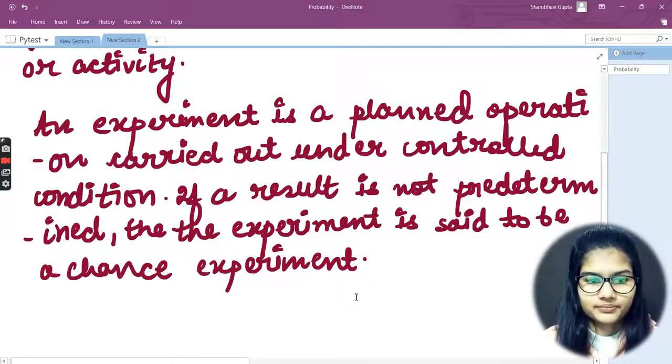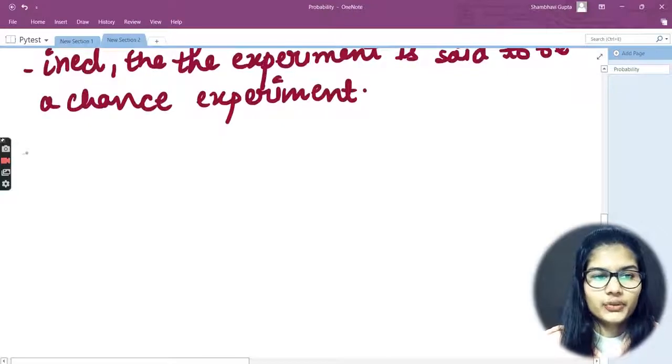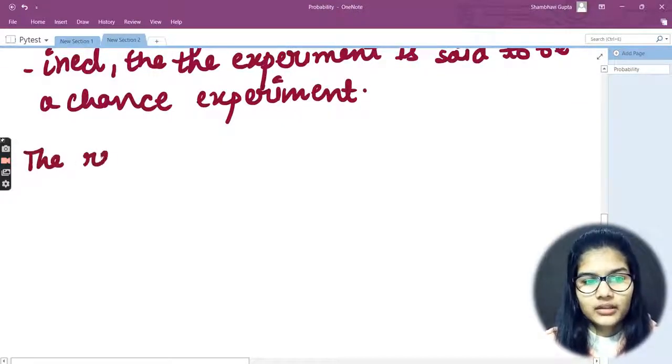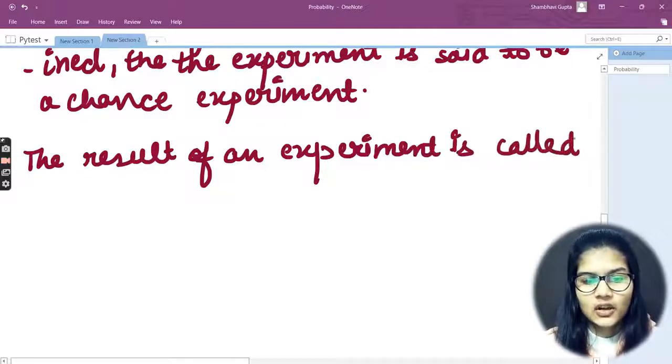Great. Now, what do we mean by outcome? A new term introduced here. What is an outcome? The result of an experiment is called an outcome.